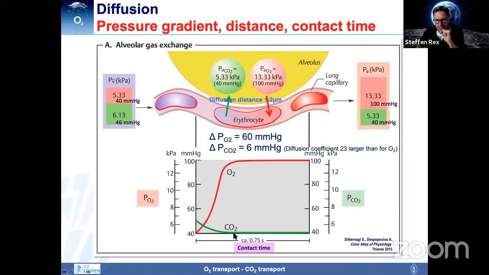So that means that we can increase cardiac output up to certain levels without endangering the contact times. Only if you have very, very high cardiac outputs, but I cannot tell you any threshold value, then the contact time becomes a problem.